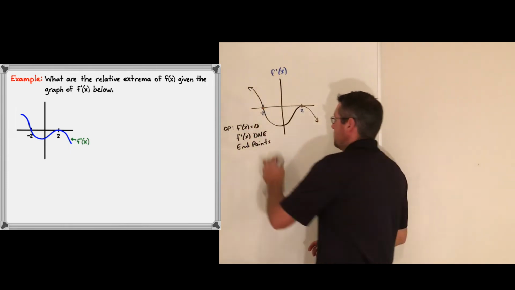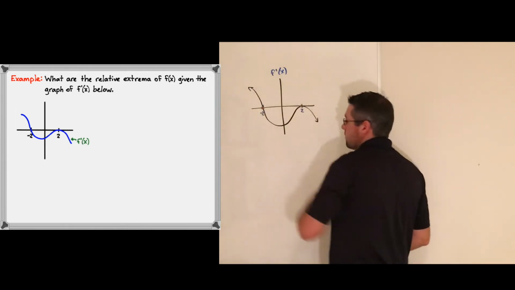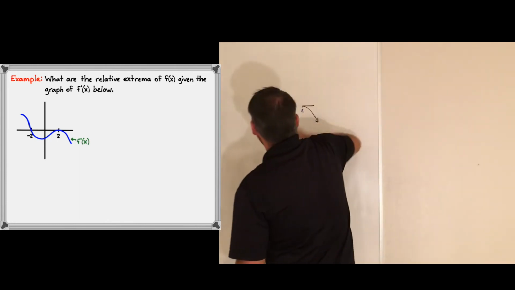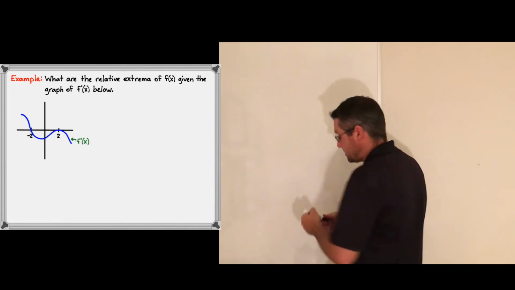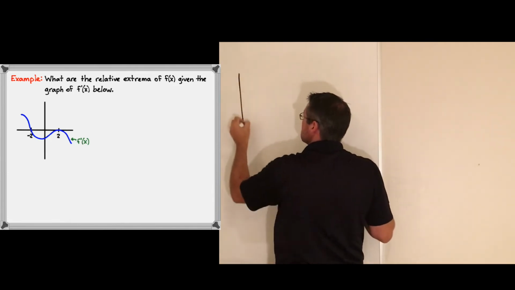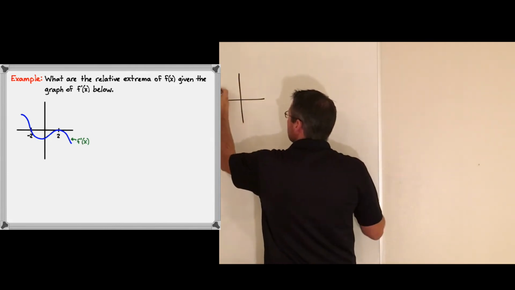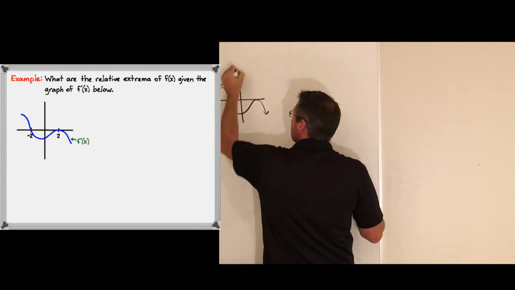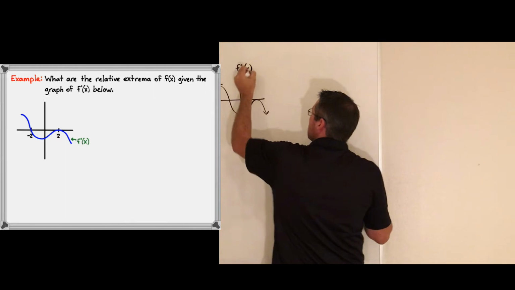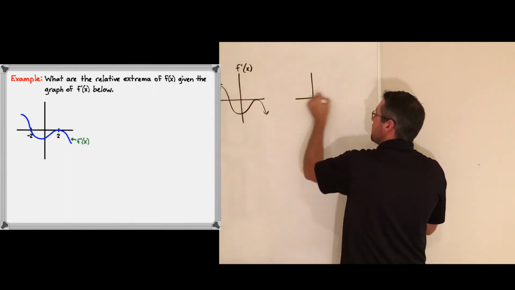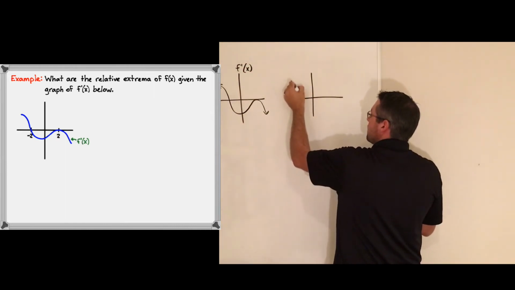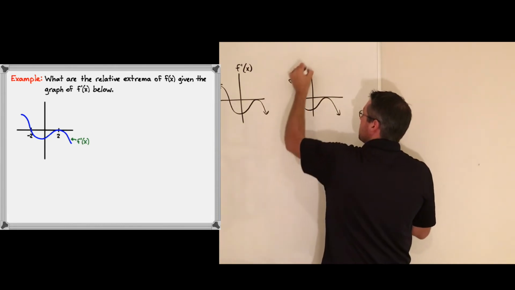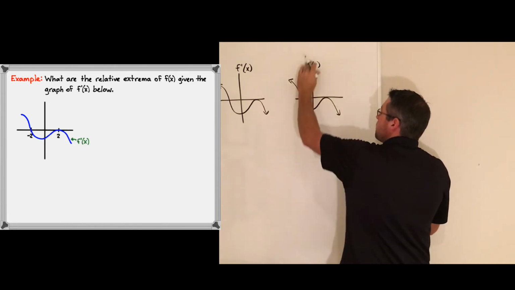So again, this is the graph of f prime. Let me go ahead and draw another graph to the side here so we can compare the differences. So let's say that we have a graph of f prime, and then if we look at the graph of f of x, okay?